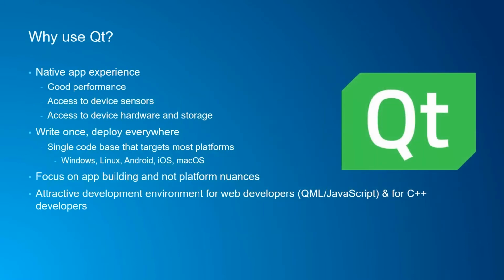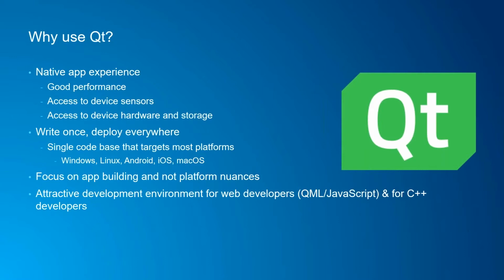So why do developers use Qt? Well, for many of the same reasons that I talked about for the case for building native applications. Great performance, close to the metal, C++, close to the operating system and the device resources, GPU, CPU. It provides the framework for you to not have to worry about accessing those low-level services and sensors on the device.